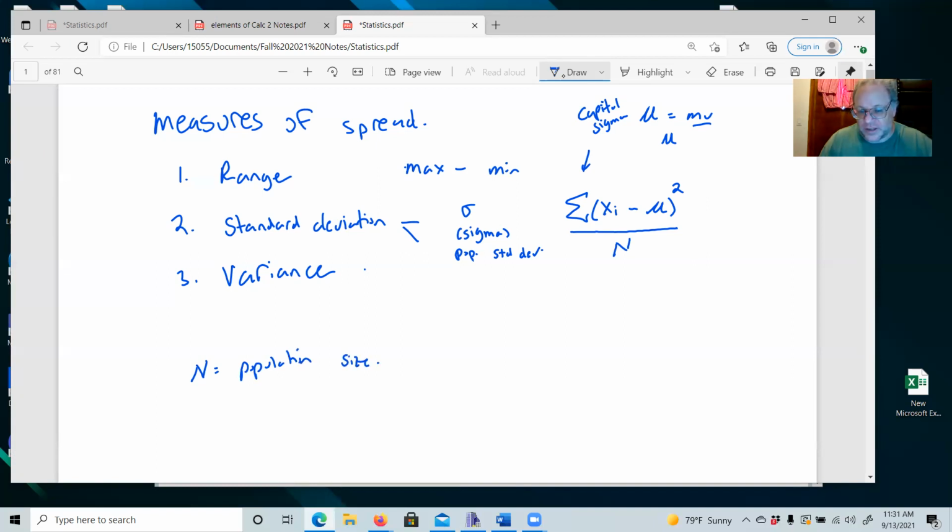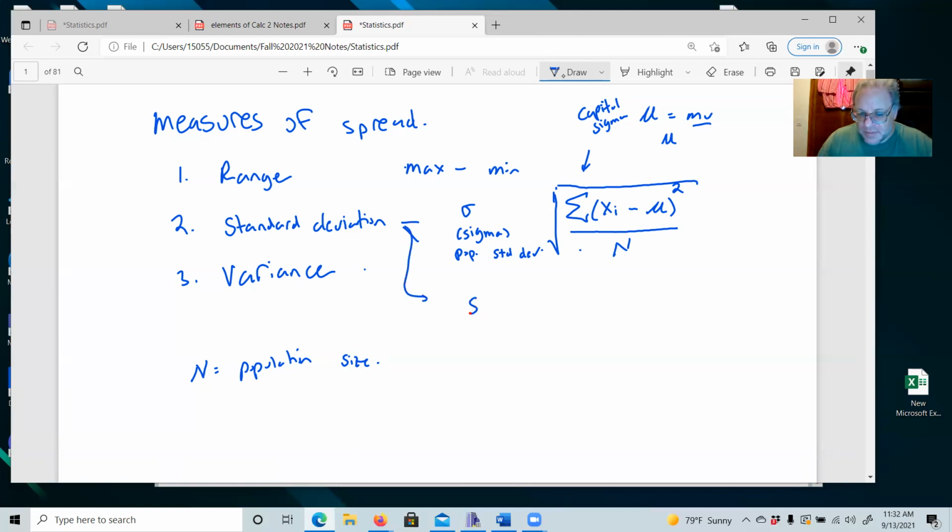So if we are dealing with all the aqueducts that are left in the world, that might be all the aqueducts that have been built by the Roman Empire, we might have 300. I don't know. If we want to talk about all the trucks that are in service in the United States right now, that's going to be several thousand. And at the end, we are going to take a square root. We'll do an example of this in a moment.